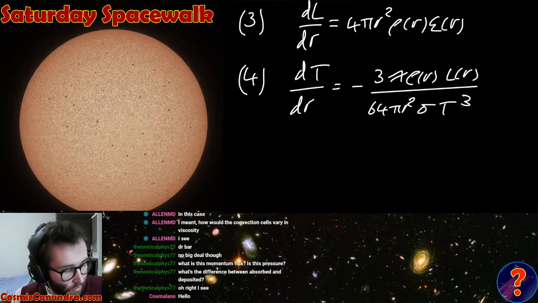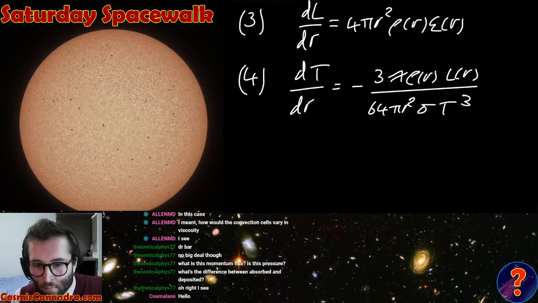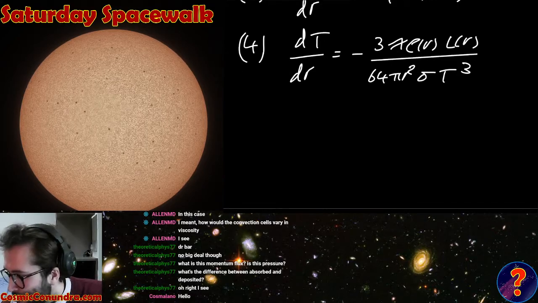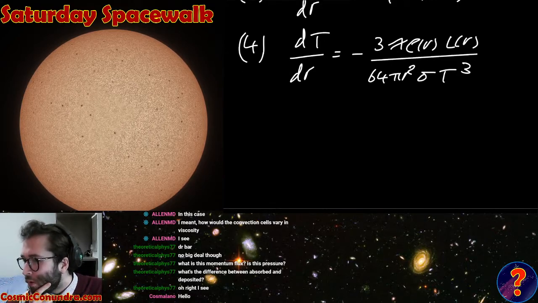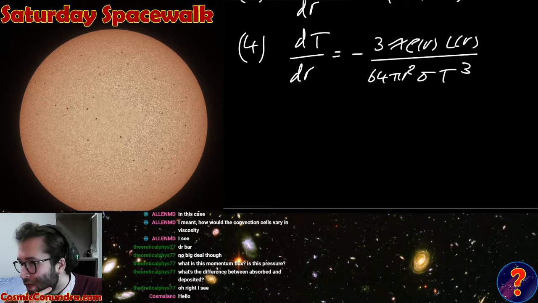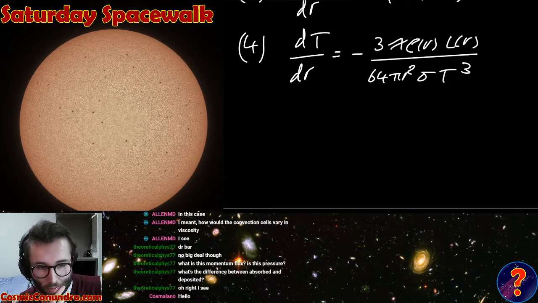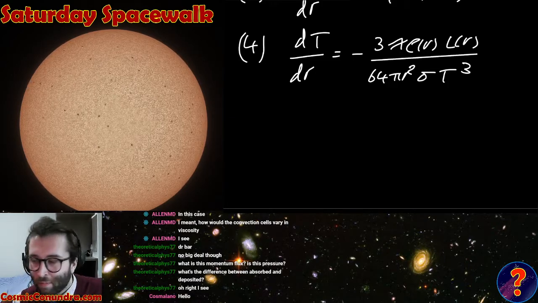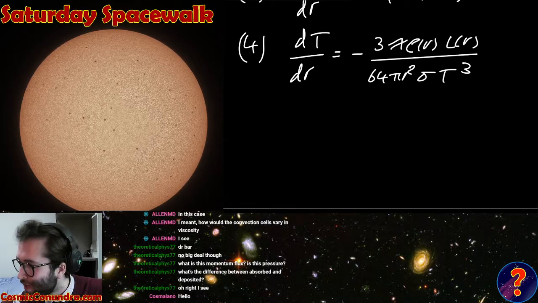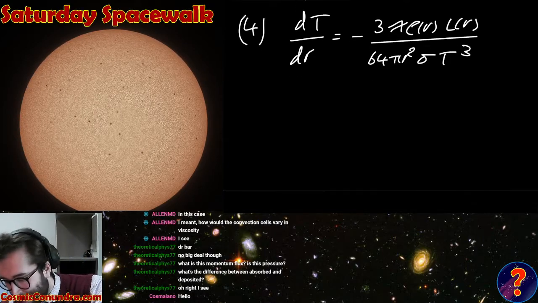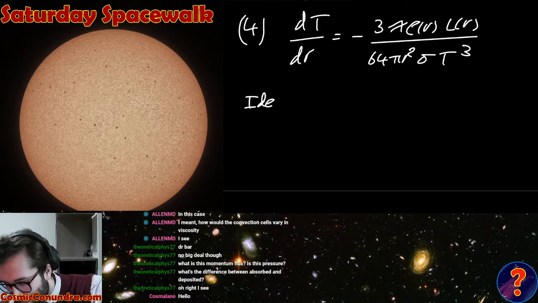So what else do we know? Well, we have another equation, an equation of state for our plasma, for our gas, and this is a bit of a cheaty approximation. We're going to use the ideal gas equation.